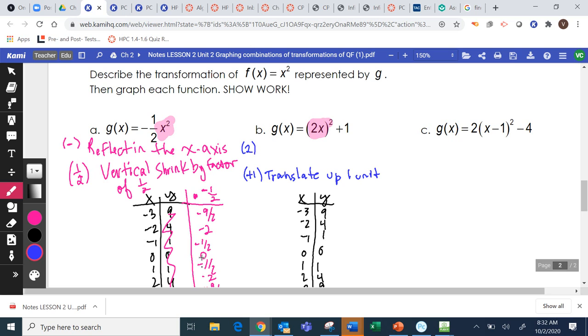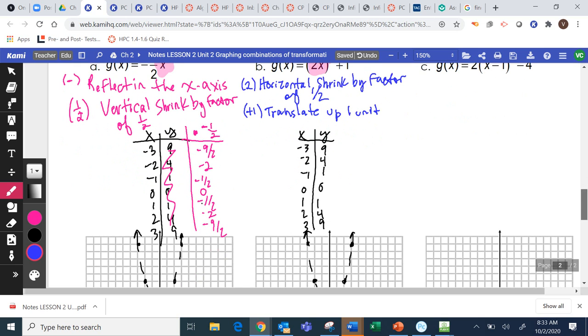It's going to be a shrink, so let me write down, we're going to have a horizontal shrink by factor of 1/2, because in our table we're going to put 1/2. And that makes things smaller, so we call it a shrink. So going to the table, on the Y side, we will put a +1, adding 1. On the X side, we will multiply by 1/2.